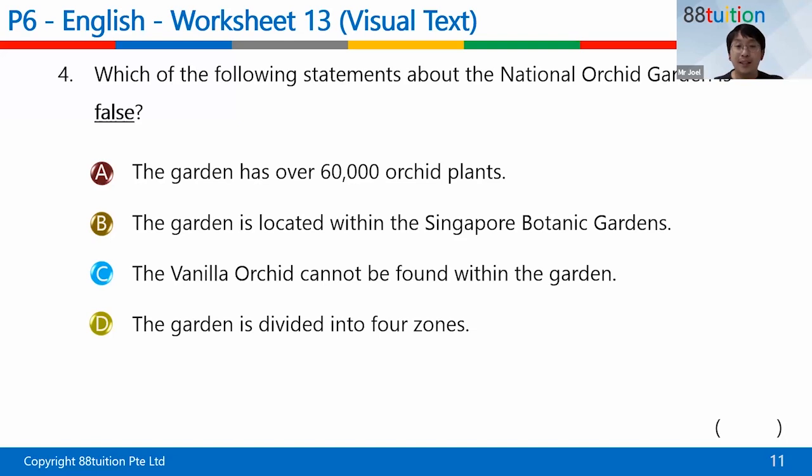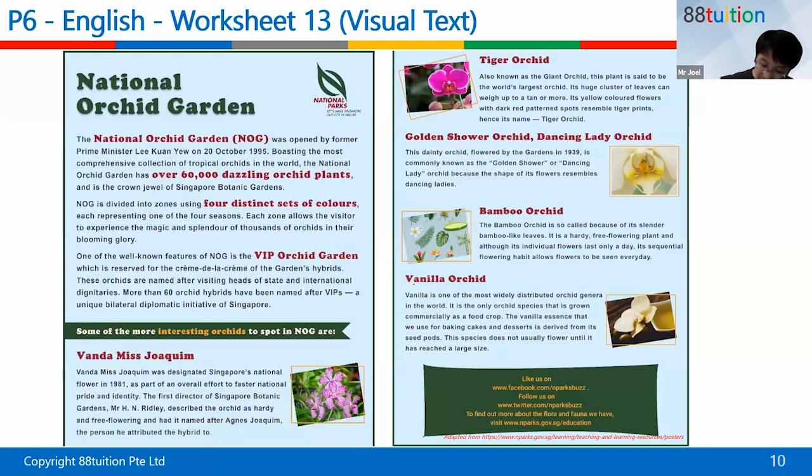Okay, so the answer here is actually C, because we are looking for the one that is false. False means not true. The vanilla orchid cannot be found within the garden. This is false. How do we know? Because over here it says some of the more interesting orchids to spot in NOG.